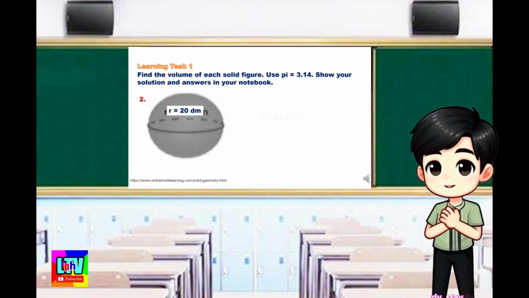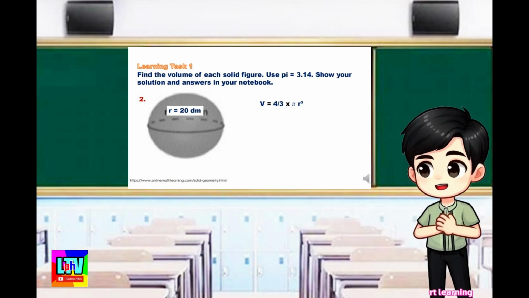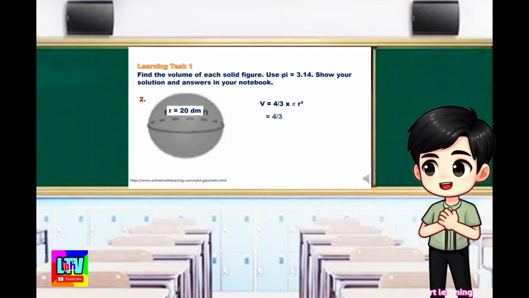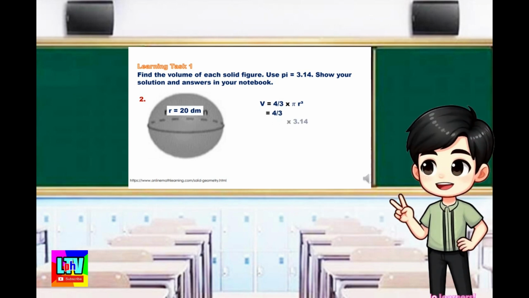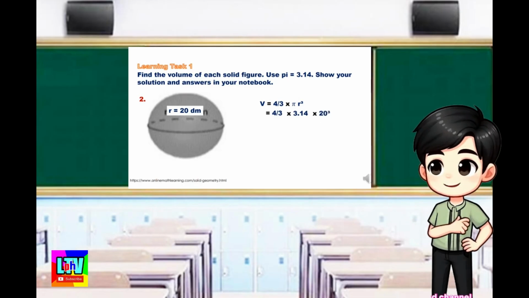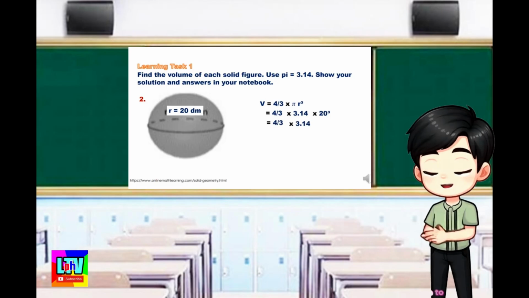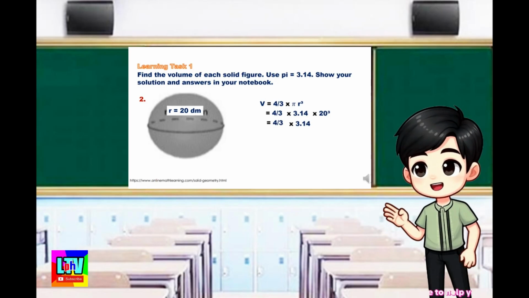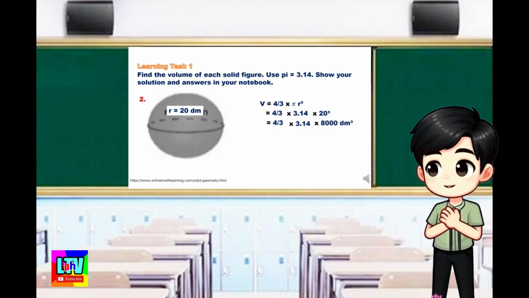Number 2. And this is the formula for finding the volume of a sphere. 4/3 times pi 3.14 and the radius is 20. Let's simplify 20 times 20 times 20 equals 8,000 cubic decimeters.